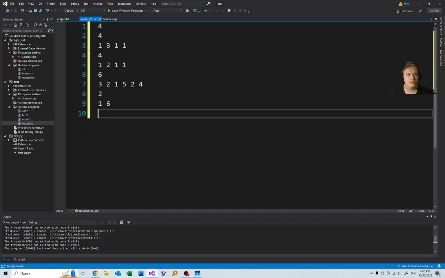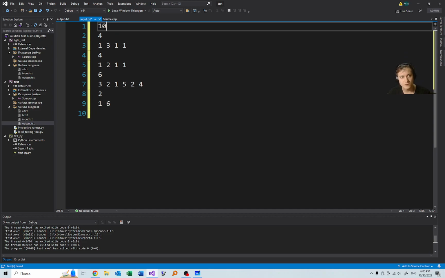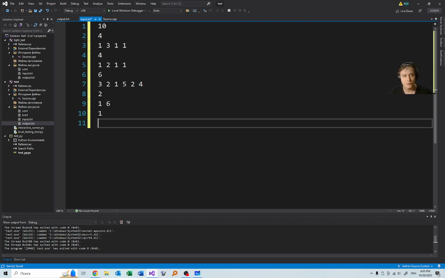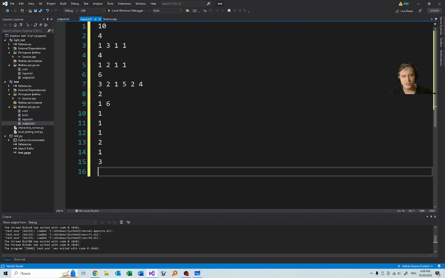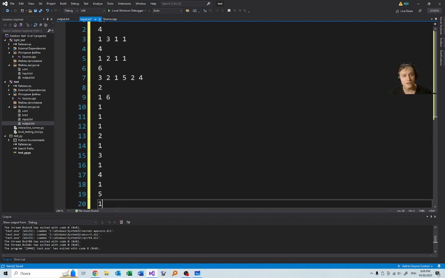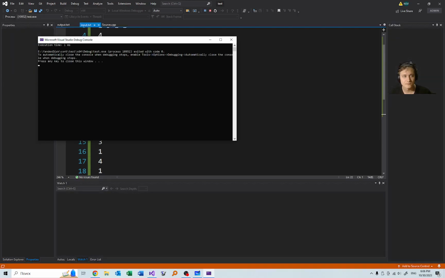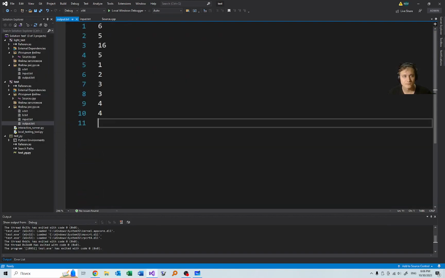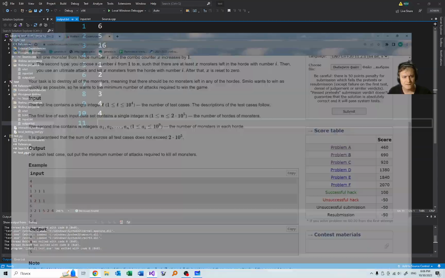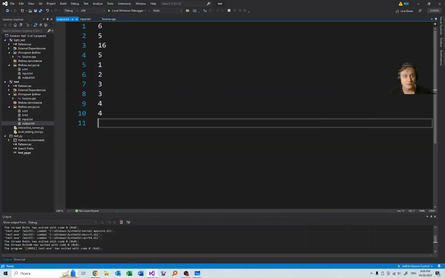Personally, I would also like to look at several tests of size 1. Like, let's see: 1, 1, 1, 2, 1, 3, 1, 4, 1, 5, 1, 6. Six, 5. No, it's not correct. Okay, is it true for my tests?